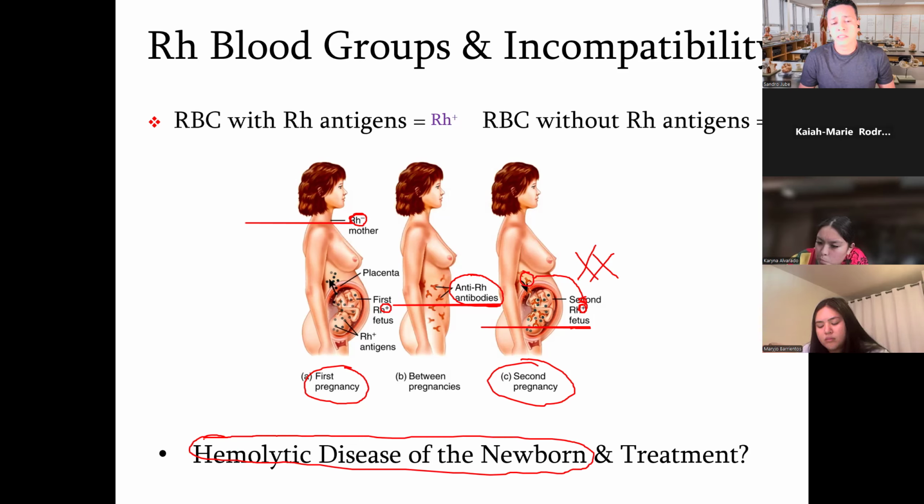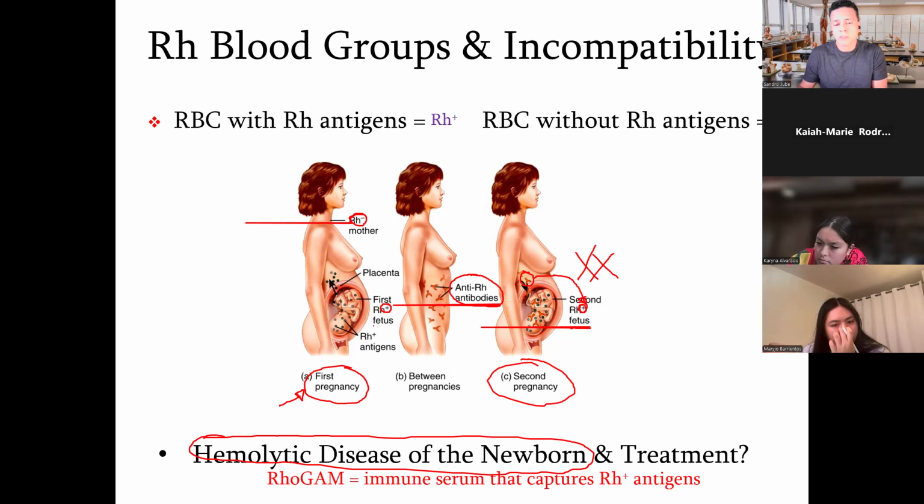Now, this is not such a big issue anymore because we have treatment for that. When the doctor finds out that the mom is RH negative and the baby is RH positive, after the first pregnancy, after the baby is born, the doctor will give shots of this serum called RhoGAM to the mom. So the mom is going to receive some shots of this immune serum called RhoGAM.